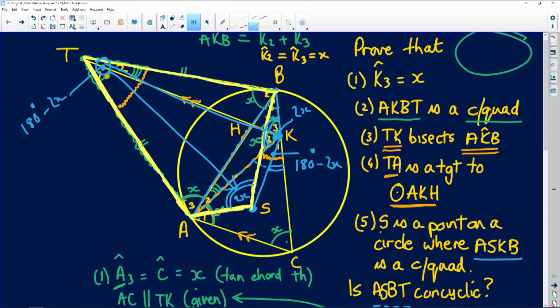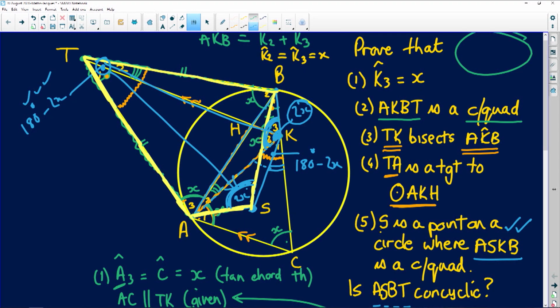We've got ASKB, which they just told us is a cyclic quad, which means that this angle over here is equal to that angle over here. That angle together was 2x. So this is 2x. So for this yellow one to be a cyclic quad, this has to be 180 minus 2x. But we cannot say that it is, because we need to work through the other cyclic quad, which is this one over here.